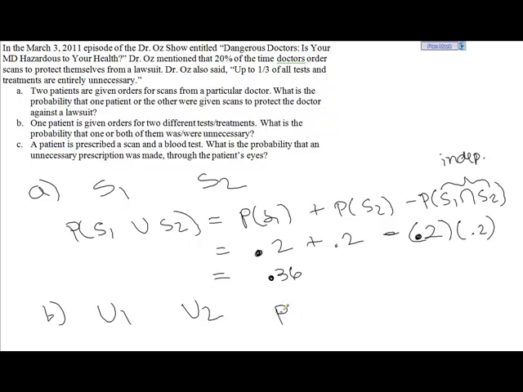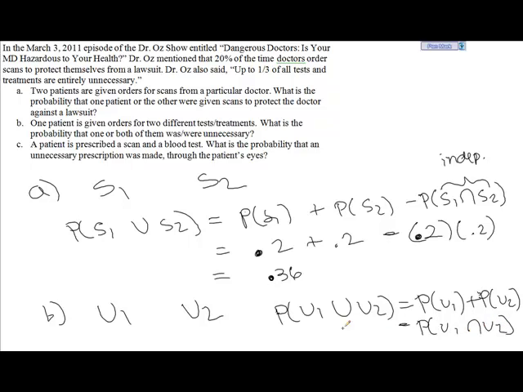And now what we'll do is take the probability of U1 or U2, which is the sum of the probabilities as before, minus the overlap, U1 and U2.